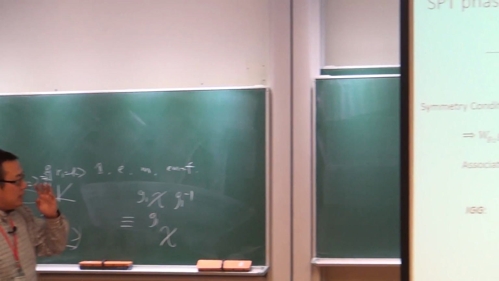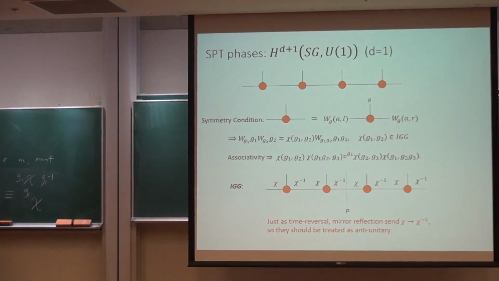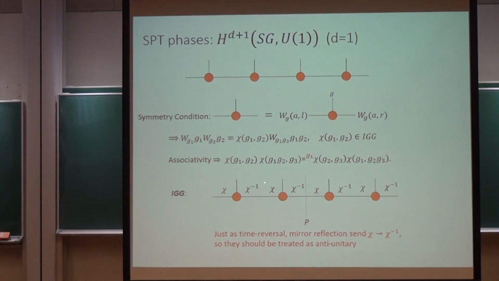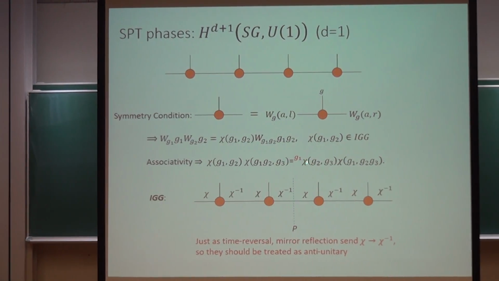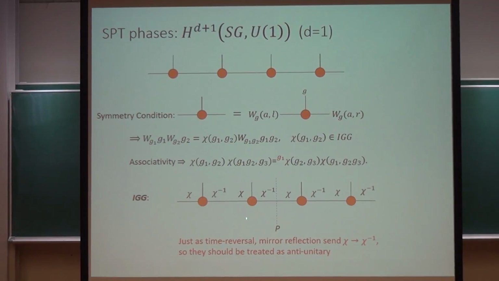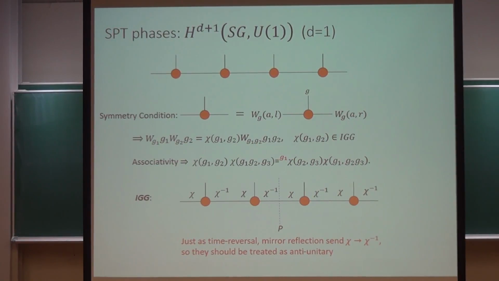The highlight here is that if your G1 is, say, time reversal symmetric, then this will send chi to chi inverse, which is a conjugate. But even for mirror symmetry, no matter whether you put the mirror here or there, you always send chi to chi inverse. So mirror symmetry is also like anti-unitary. That's the highlight, and it is obvious in this formulation.